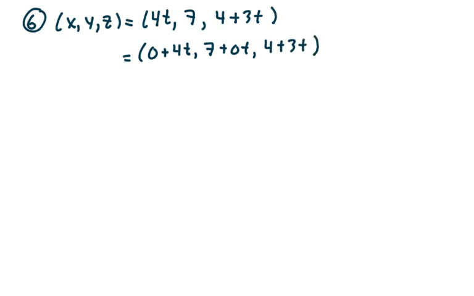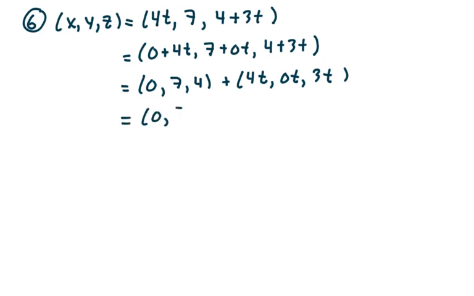So I want every component basically to have a term that has a number and a term that has some scalar multiple of t. Because watch what happens. I'm going to take this and write it as (0, 7, 4) plus (4t, 0t, 3t), right? And this can be written as (0, 7, 4) plus t times (4, 0, 3).